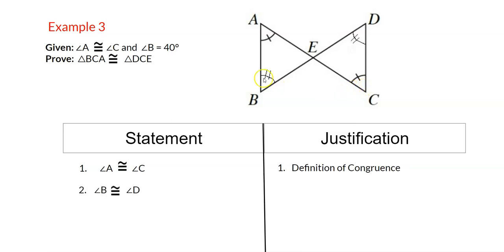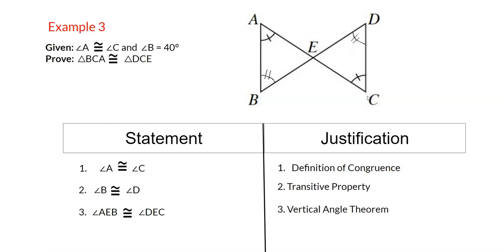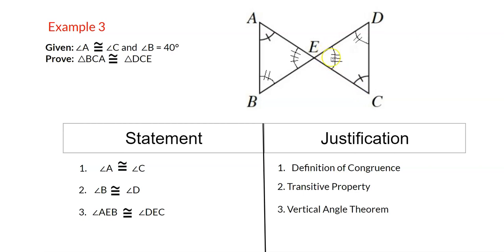I can also say that angle B is congruent to angle D because of the transitive property, which states that if I know one angle, then the other angle is the same. And then I can say that angle AEB is congruent to DEC, and that's because of the vertical angle theorem. So these two angles are congruent to each other.